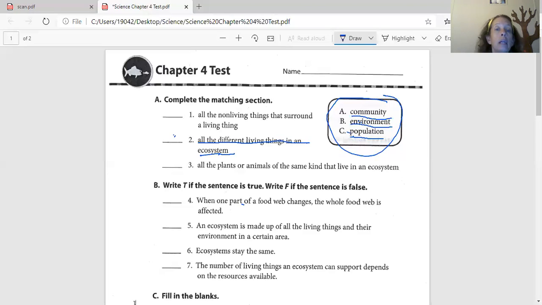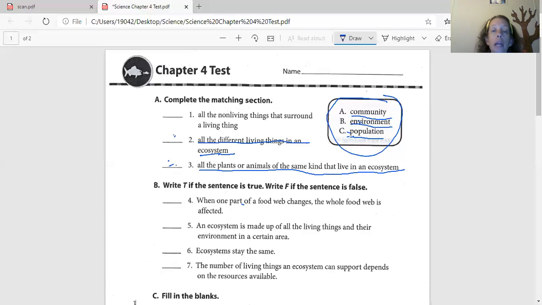Good. Number 3, all the plants or animals of the same kind that live in an ecosystem. If you think that describes community, put an A here. If you think that describes environment, put a B here. And if you think that describes population, put a C here.